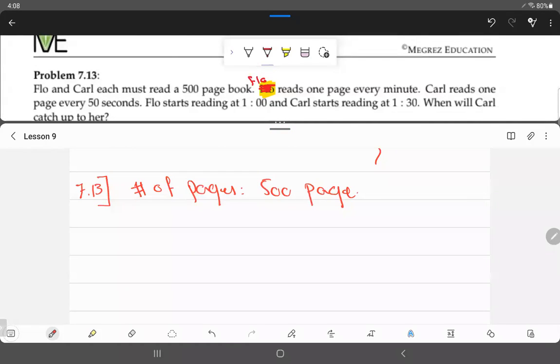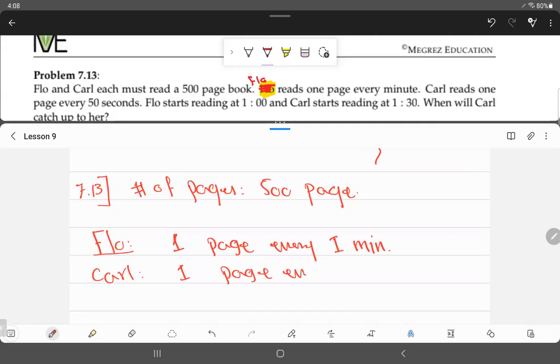Same thing, actually. So let's find first of all, Flo does 1 page every 1 minute. And Carl does 1 page every what? 50 seconds, which equals 5 over 6 of a minute, right?